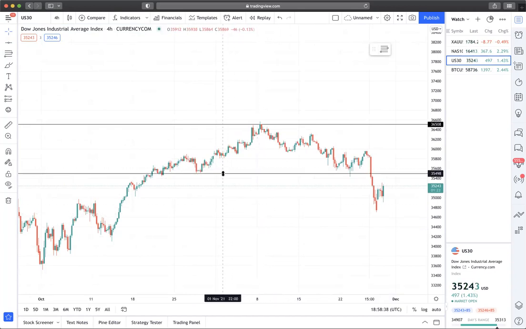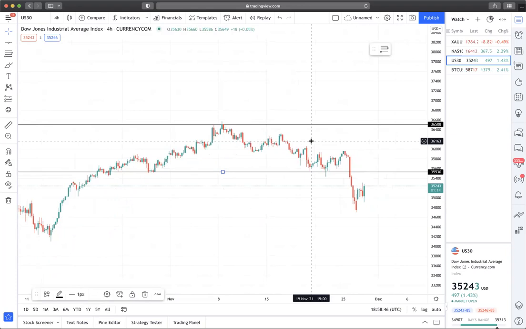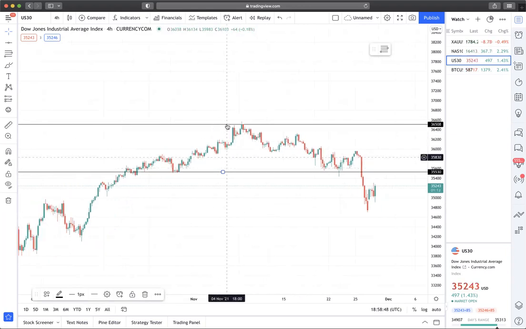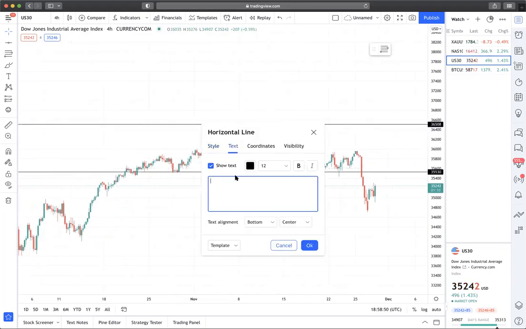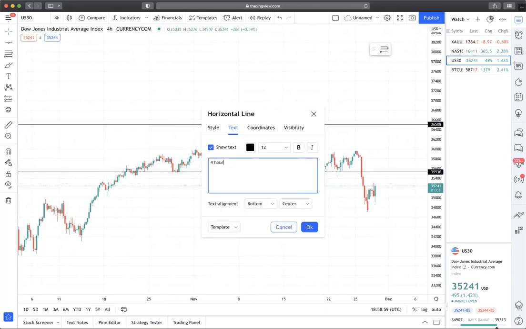So this was our zone. You're going to place support and resistance areas. So what we're going to do is go to text and make sure you know that this is the 4 hour, as well as here, 4 hour.